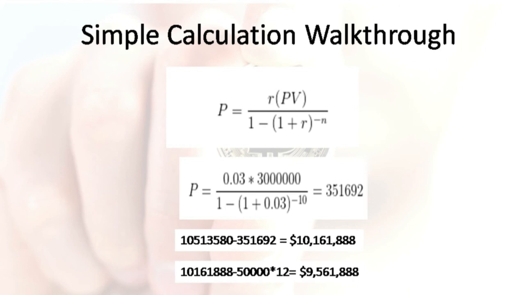10,513,580 minus 351,692. This equates to $10,161,888.